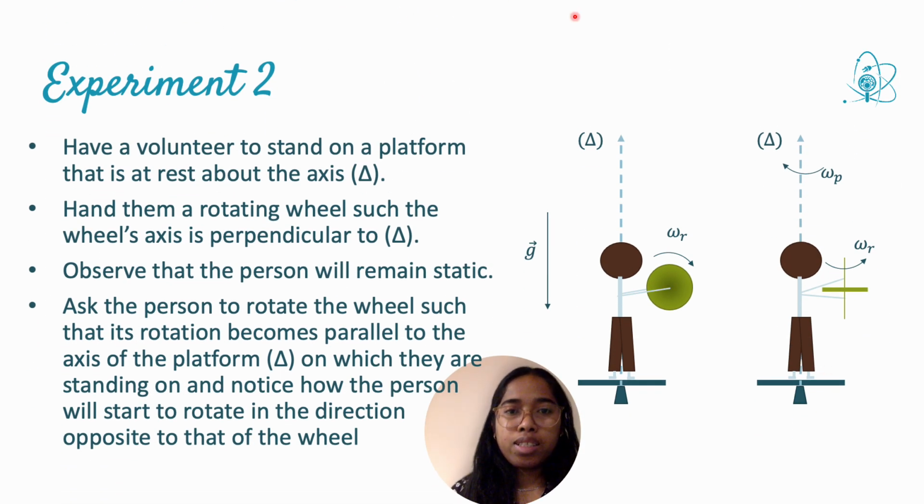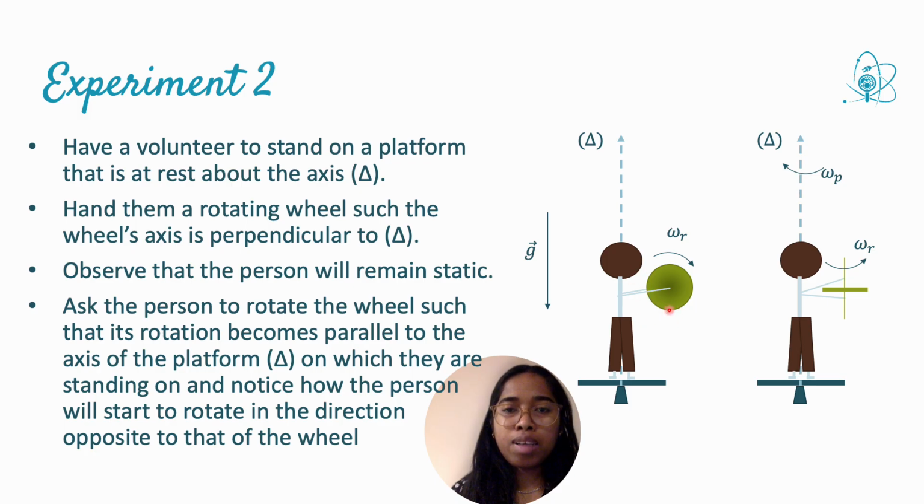Now, in this second experiment, we ask the student to stand on the platform, and the platform is set to be at rest at the beginning of the experiment. We will hand them a wheel that we have given a spin. So in this figure, this is the wheel.